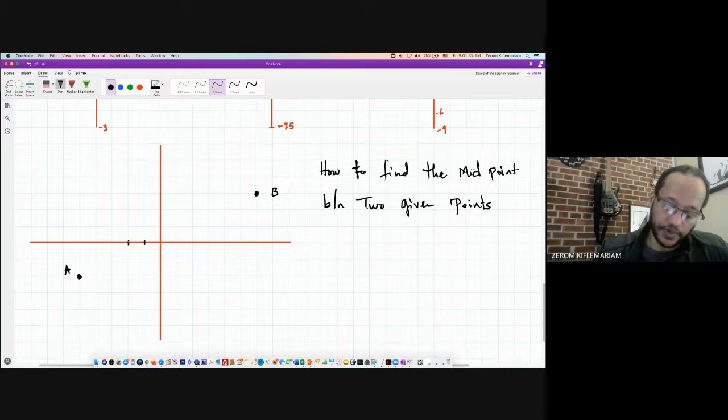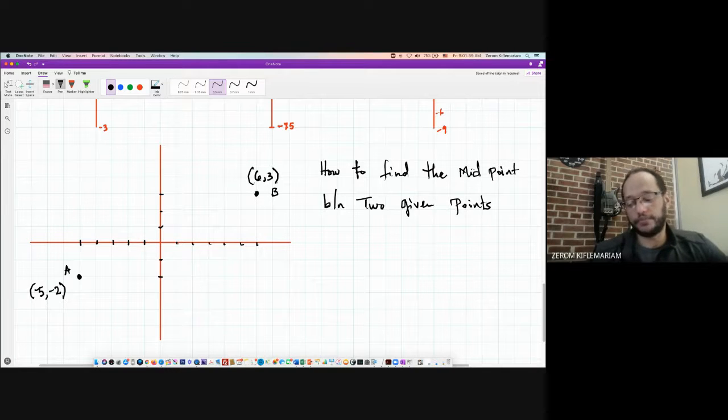So A is -5 and -2. And B is 6 and 3. So what's the midpoint for that?